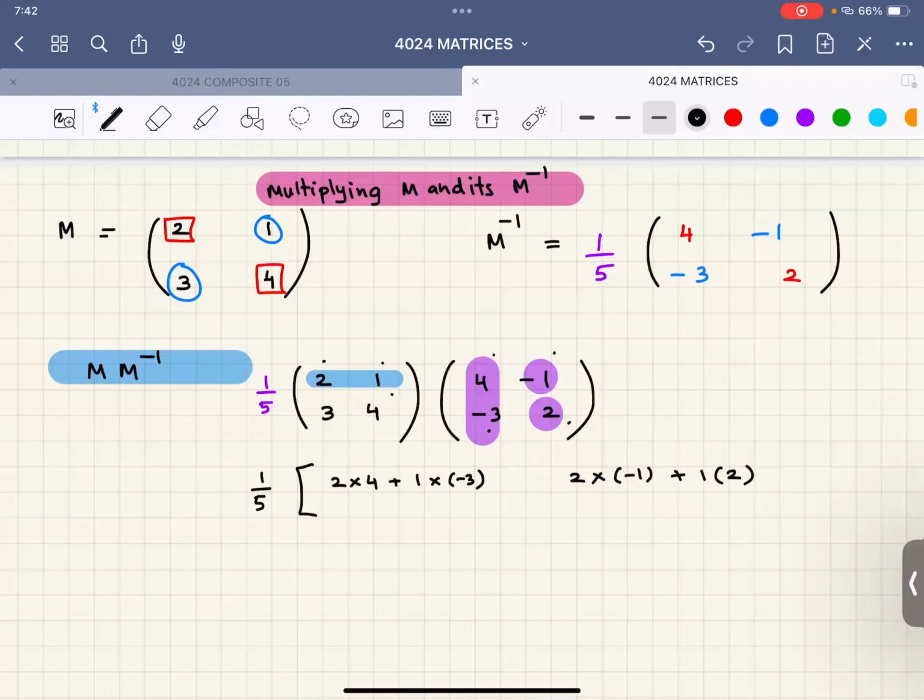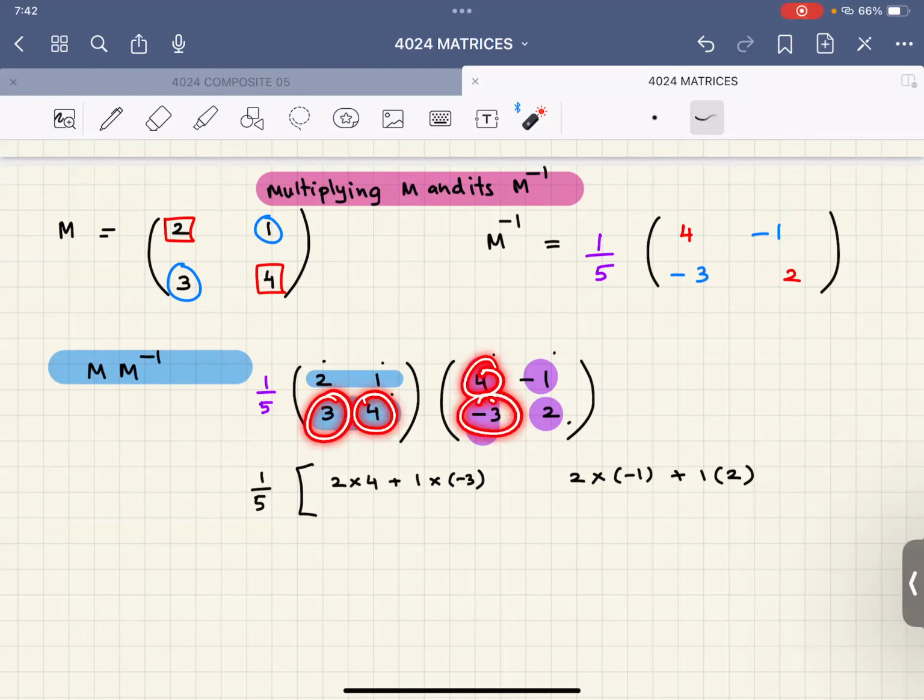That's done. Let's move to the next row. So let me choose the blue color again, and this time thicker. So this time I'll be multiplying 3 with this 4, and this 4 with -3.